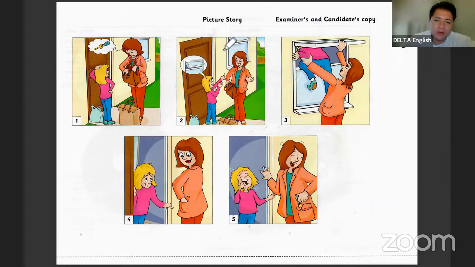Why was the window open? Do you think it was hot, maybe? That's why they left the window open. Okay, so include those elements.